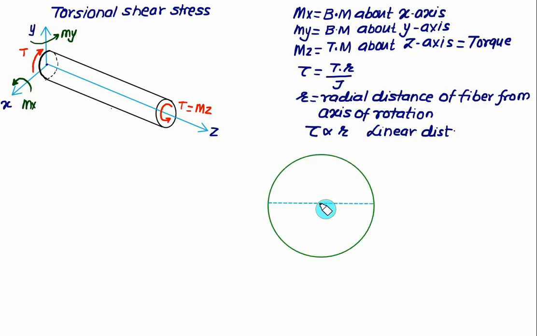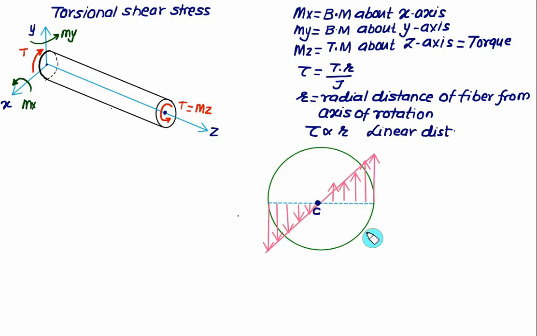So this one is the axis of rotation, that is this point is the axis of rotation. We call it center C. Now as the radial distance goes on increasing, the shear stress will also go on increasing. So in this case this fiber will be the outer fiber.